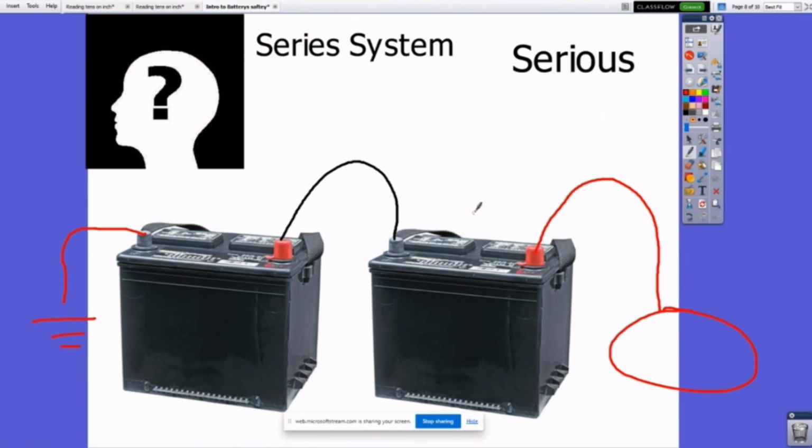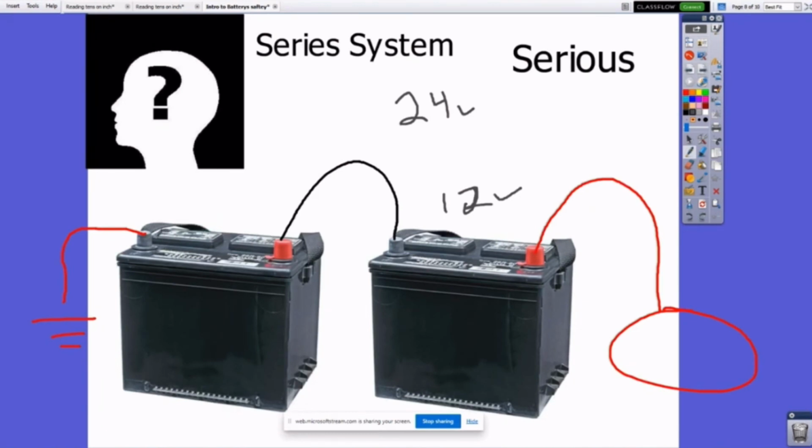This system, if these were both 12-volt batteries, which they are, what did we do to this system? Now we've multiplied this by 2. So now we have a 24 volt system. Okay. 24 volt system, 2 12 volt batteries hooked up in series.